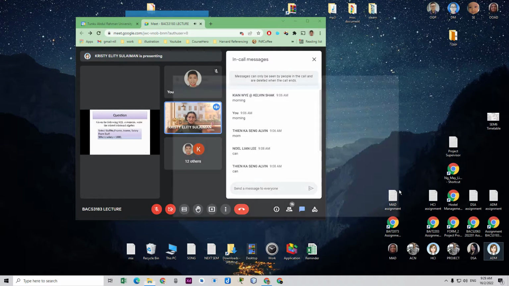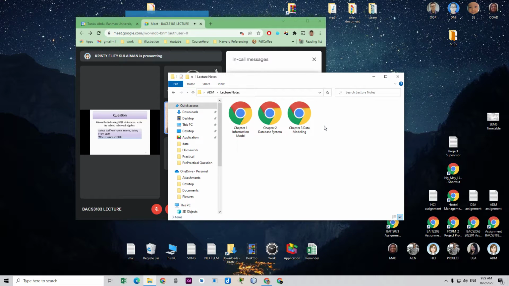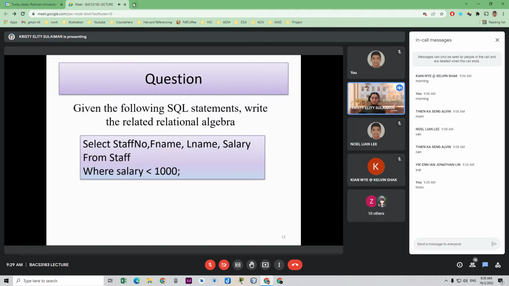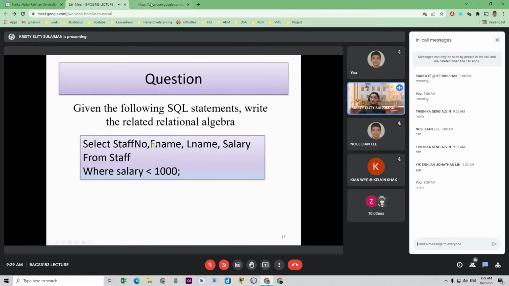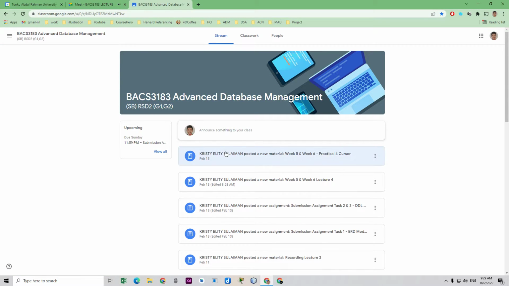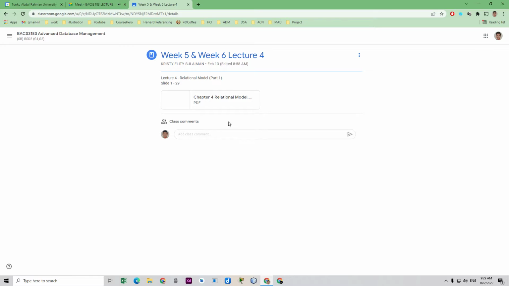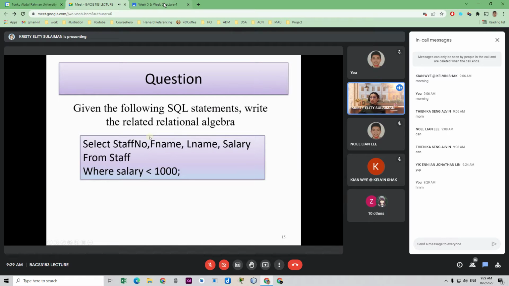Look at the statement. Your midterm test can ask this kind of question, where you need to write the relational algebra for the SQL statement. So this is your homework. I think we'll finish early today.